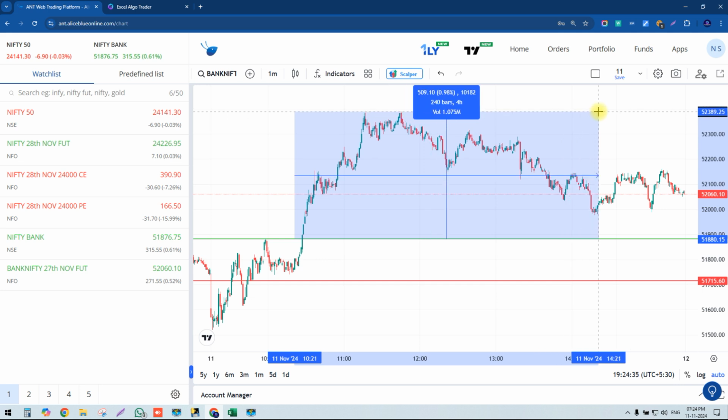Market went up almost 509 points from our buying level. Yes guys, this is our buying level, and market went up 509. Okay guys, you can see here I'm showing you the difference, and this is how our breakout strategy works.